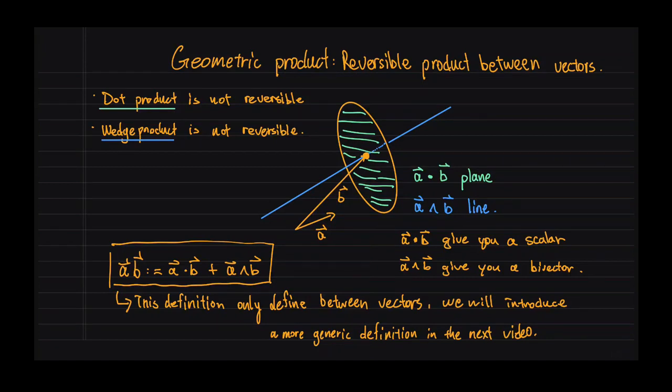However, in the next video, I will introduce a generic definition, which, between vectors only, gives exactly the same expression, but also defines bivector to vector and so on. But in this video, we will stick with this definition since we are motivated by this graph, and this definition will help us to define the inverse of a vector.